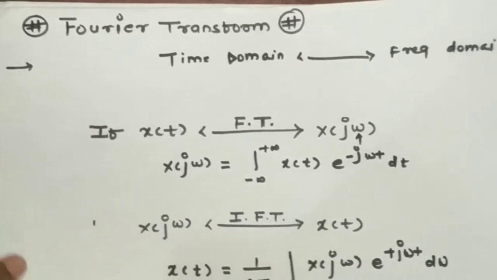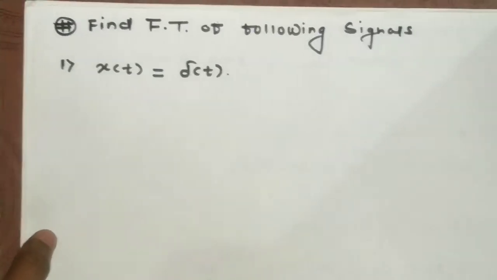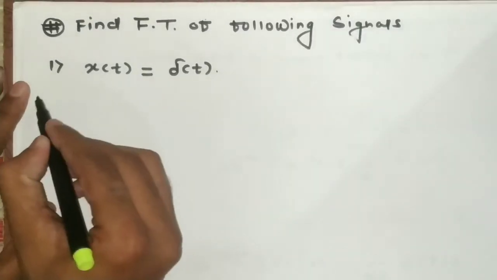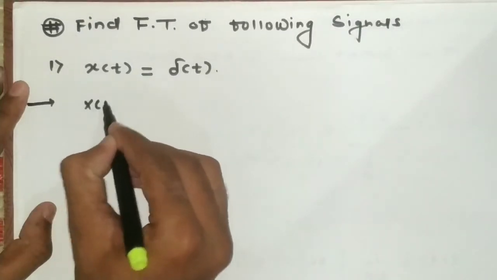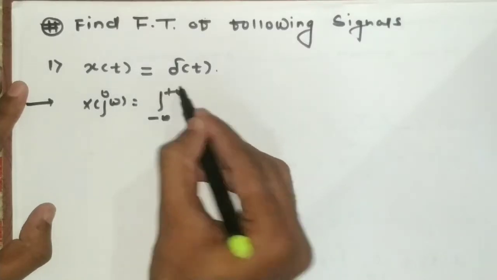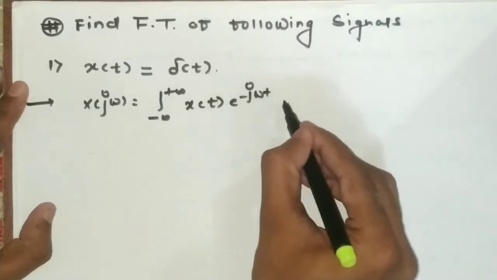Let us consider one example on the same: find the Fourier transform of the given signal x of t equals del t. We can write the Fourier transform equation now: x of j omega as integration of x of t and the exponential term as it is.